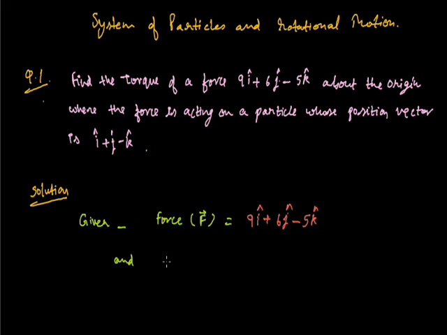Also given is the position vector of the particle, denoted by small r, which is equal to i cap plus j cap minus k cap.